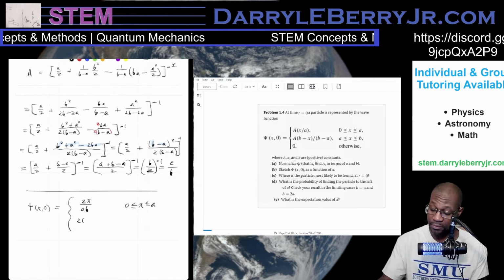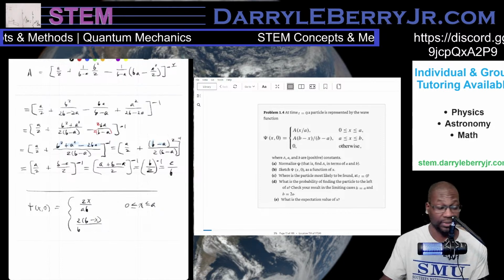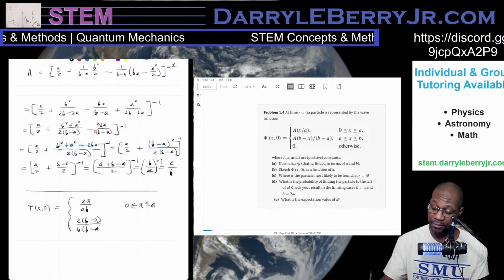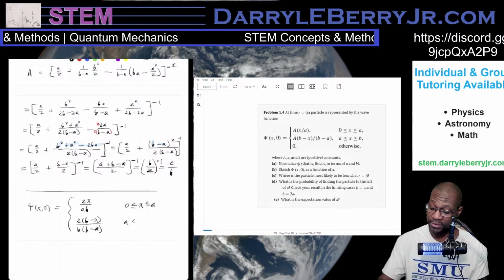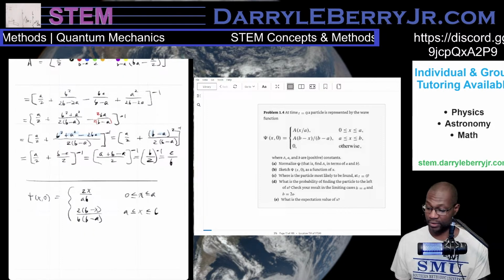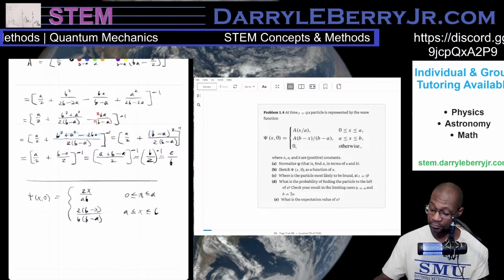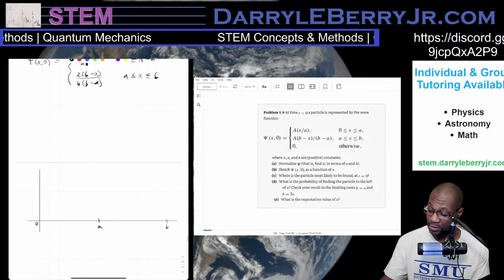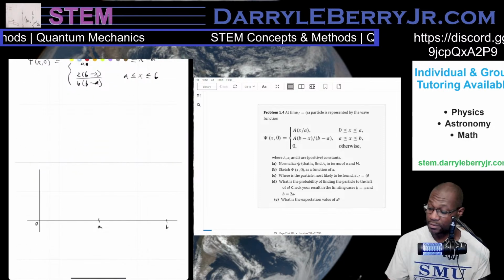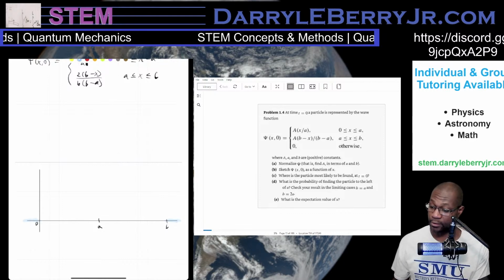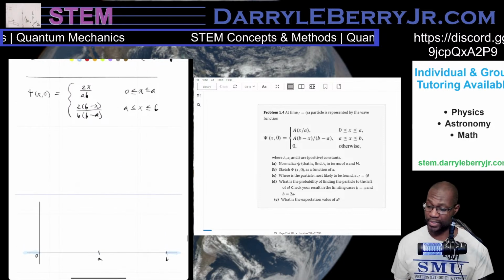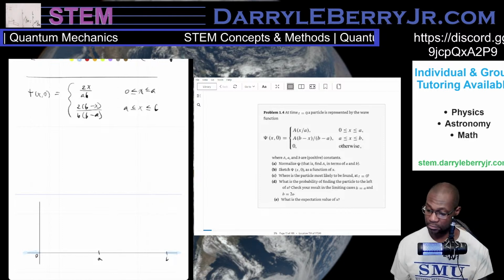So that's 2b minus x over b minus a for a less than or equal to x less than or equal to b. And everything else is 0. So that means it's 0 out here, 0 back there, and 2x over ab.